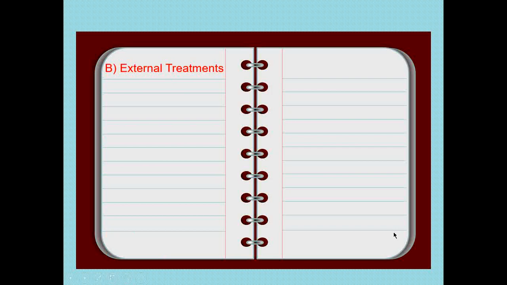Now next is external treatments. As we know, the treatment is given to water to convert hard water into soft water. In previous lectures we discussed in brief what is meant by hard water. Hard water is nothing but water that contains salts either in a dissolved form or appearing on the water surface.